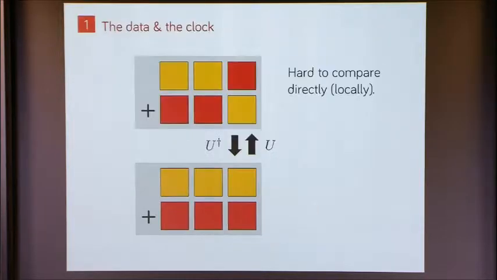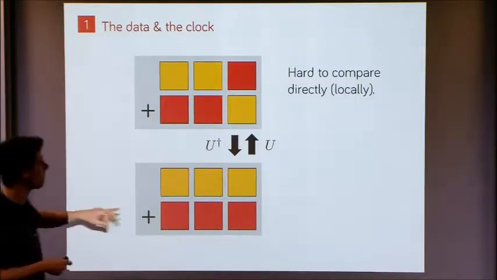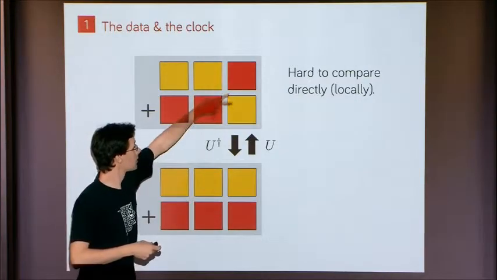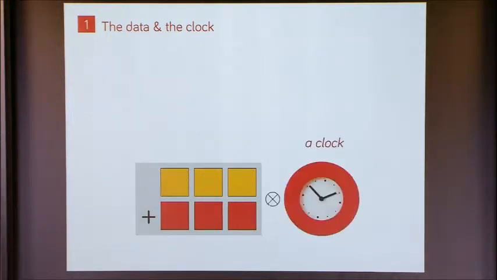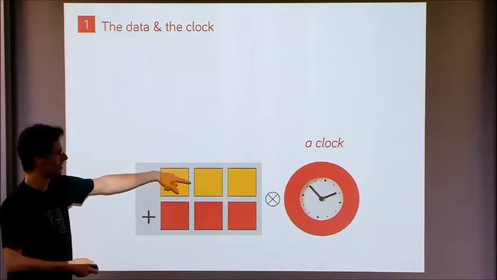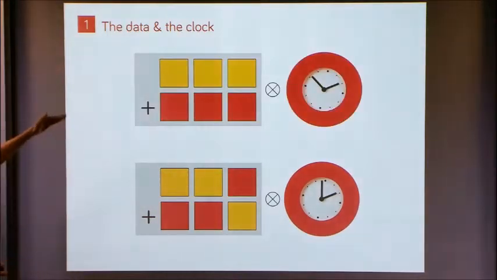So the way to solve this problem is, when we want to compare two states which maybe differ only by a single spot, I want to compare them locally. I need to get another register. The register will be called a clock. And then, for example, when the clock runs, something happens to my data. And now I can compare two states like these just by looking at the clock and by looking at the data.